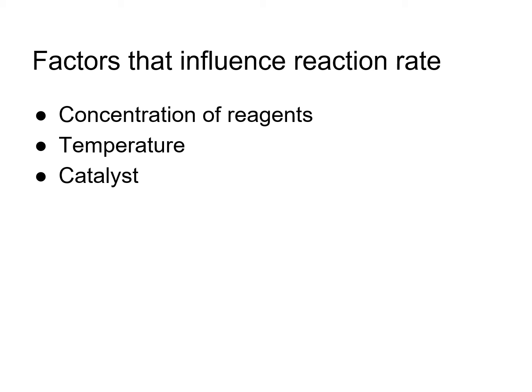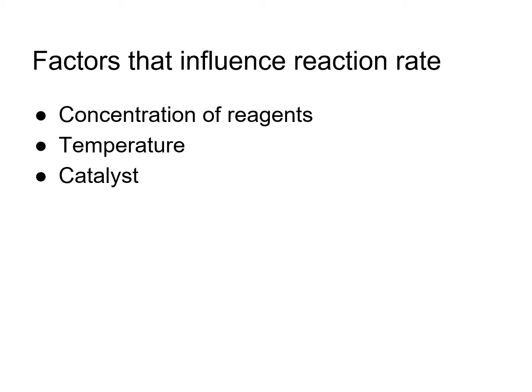So the rate of reaction is proportional to the concentration of the reagents. This is just to say when you have a higher concentration of your reagents, then the rate of your reaction will be higher. And with the temperature, there are reactions where with increasing temperature, then the rate of reaction goes up.